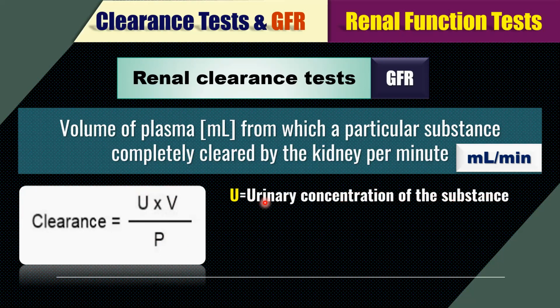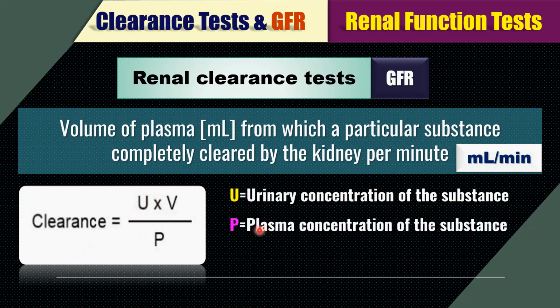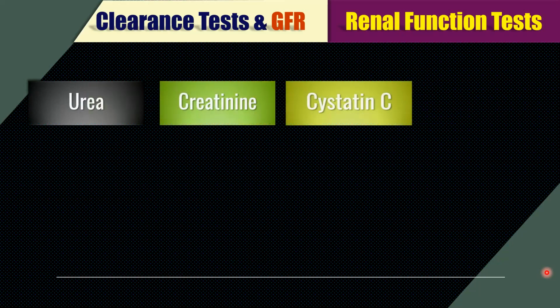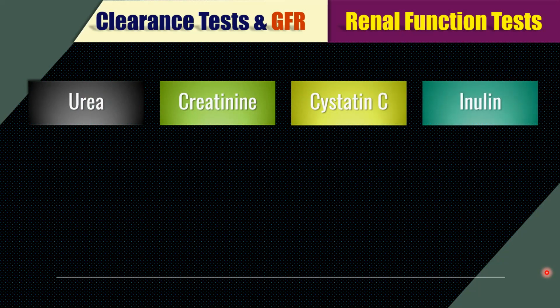For example, if you are doing a clearance test with creatinine, then the urinary concentration of creatinine, and P means plasma concentration of that particular substance, for example creatinine, and here multiplied by V. V means volume flow rate of the urine, ml per minute. There are various clearance tests like urea clearance test, creatinine clearance test, cystatin C clearance test, inulin clearance test.